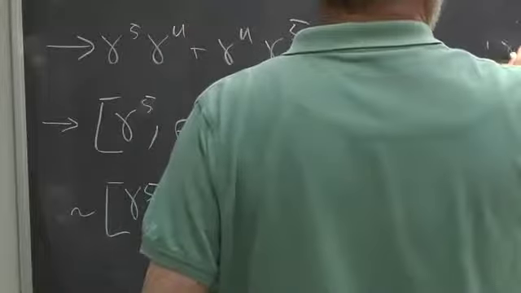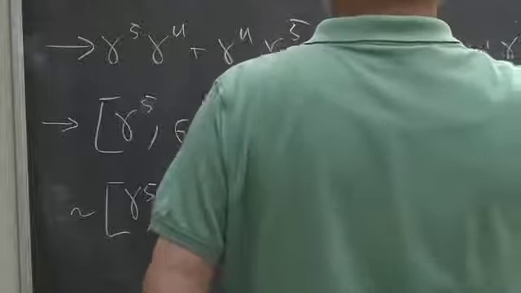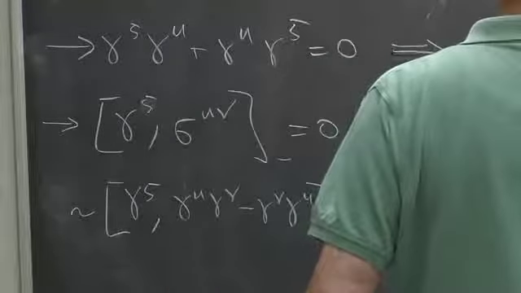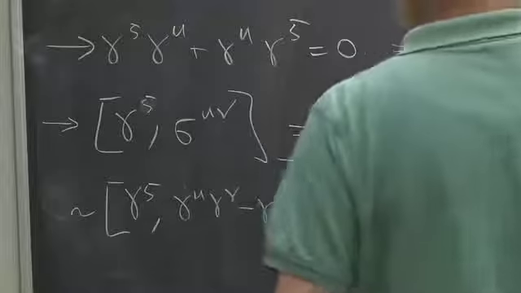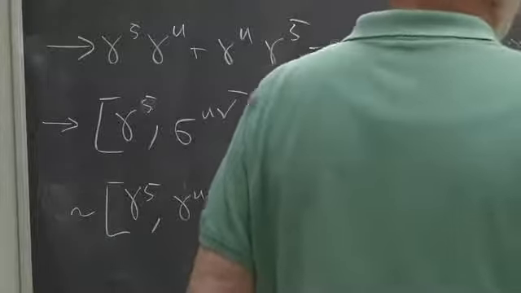Gamma 5 is i gamma 0, gamma 1, gamma 2, gamma 3, and gamma mu. I have to prove that this quantity plus gamma mu, gamma 0, gamma 1, gamma 2, gamma 3 is equal to 0. Now, how do I do that?